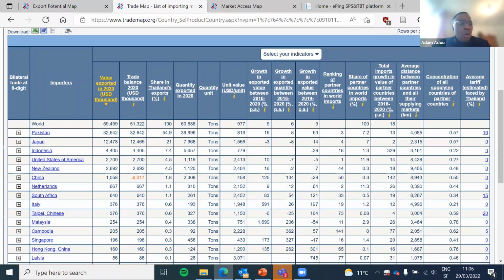So you might wonder why Thailand is still exporting more to Pakistan than to the Netherlands. This is a question regarding market access. If the tariff is not the reason, there might be another reason in terms of market access. And this is something we might be able to see and understand better on Market Access Map, more than on Trade Map.